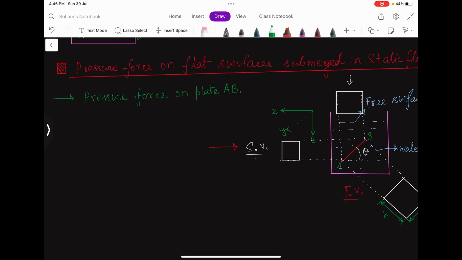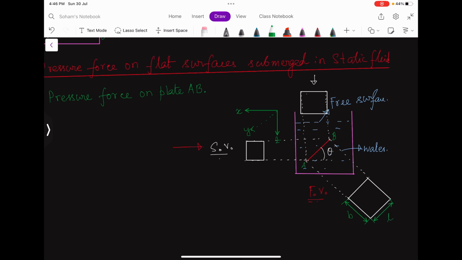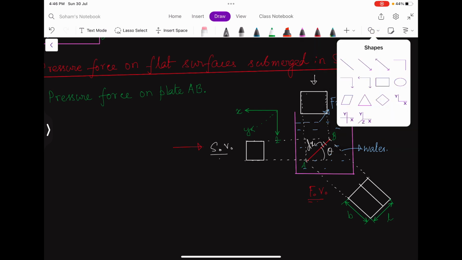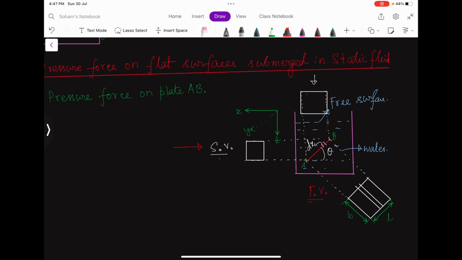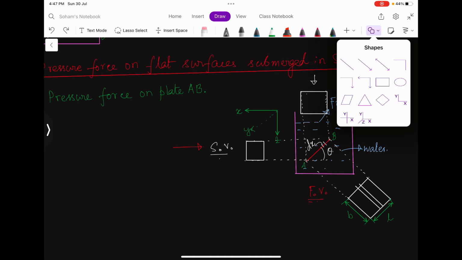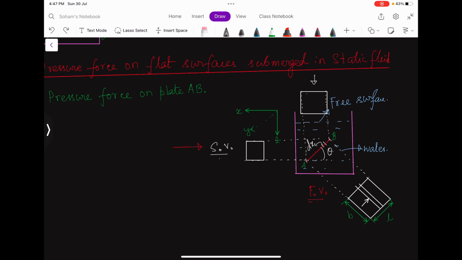Firstly, let us consider a strip here. This strip has a length of dx, and on the surface it is an area strip, or two-dimensional strip, shown by these two parallel lines.